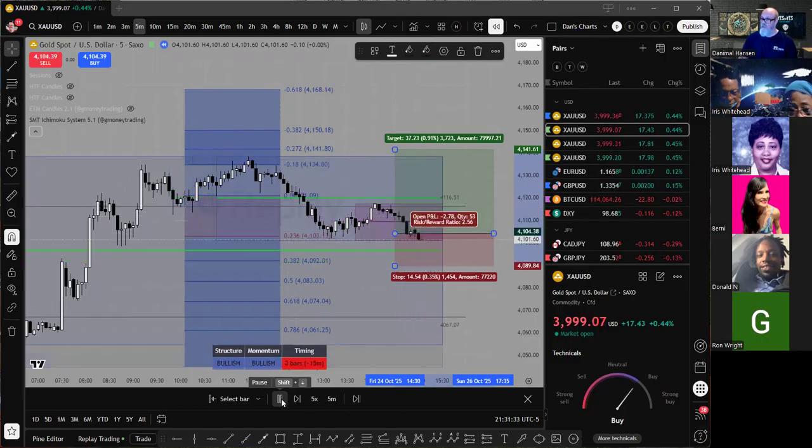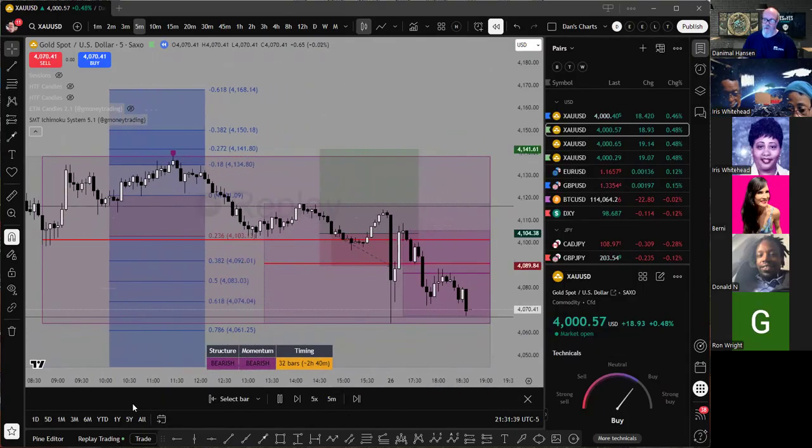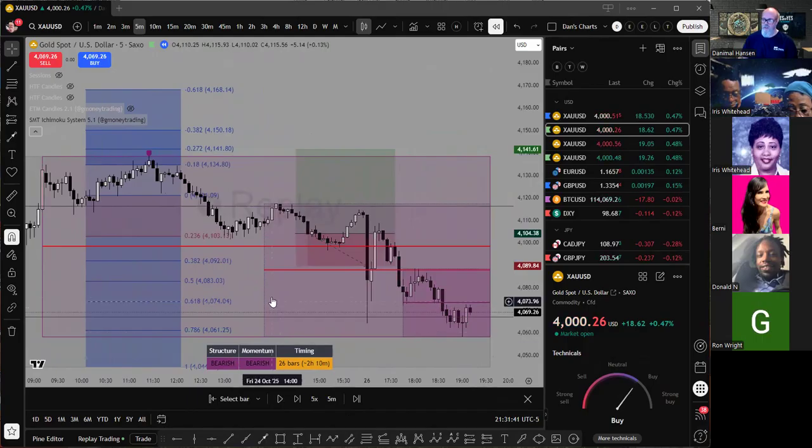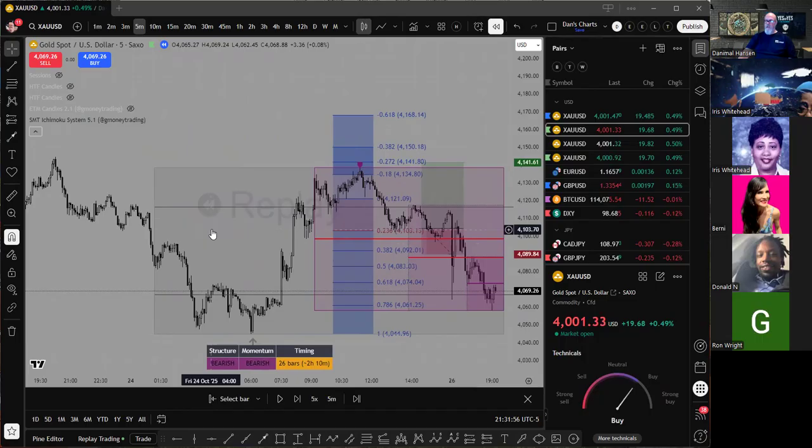So it entered. There we go. Boom. Now we're out. That's why it's such a hard thing to test. But look at what it did overall. What time did it finally hit the 786 level? At 1900 hours on Sunday. So this whole trade kept shifting.